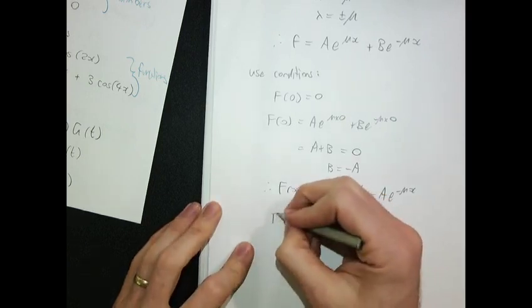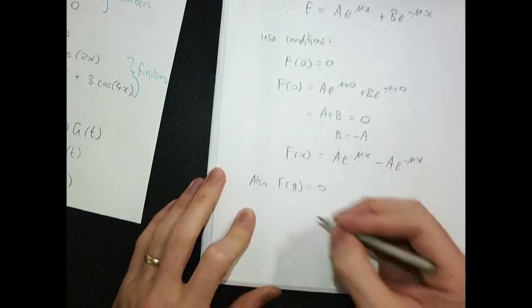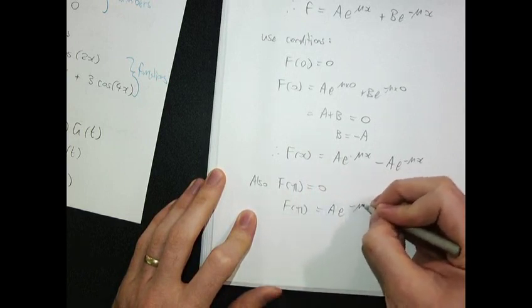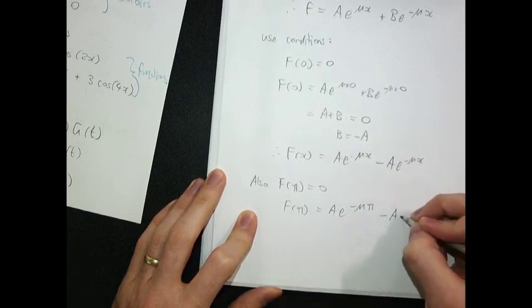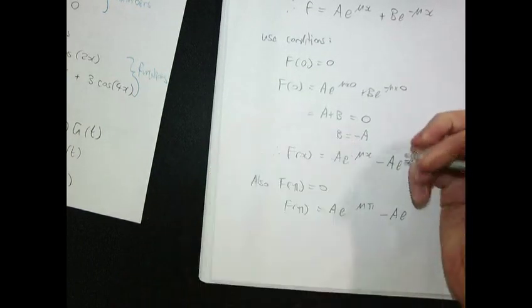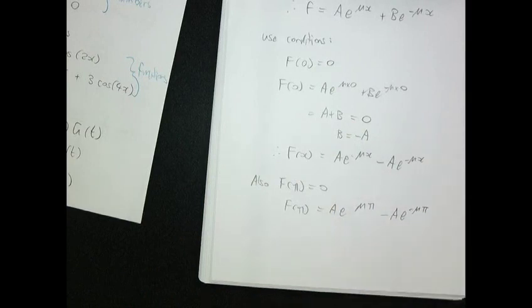So now let's see, f of pi is supposed to be 0 as well. So we get f of pi is a e to the minus mu pi minus a e to the plus mu pi. And that's supposed to be 0.